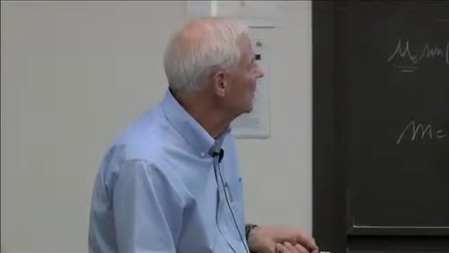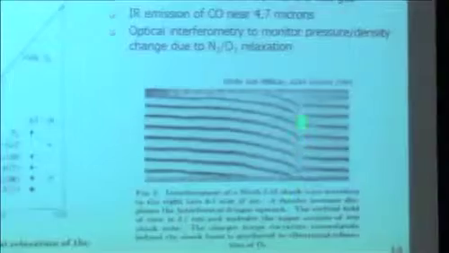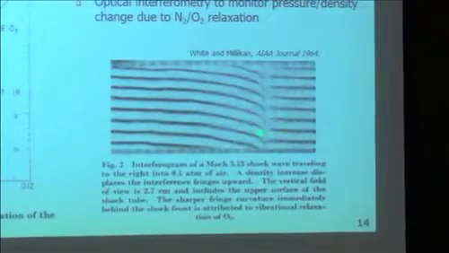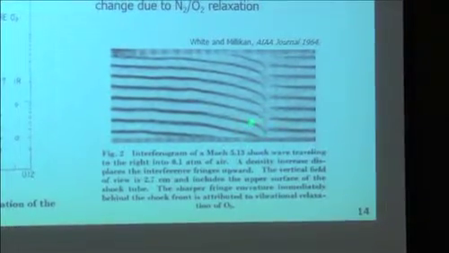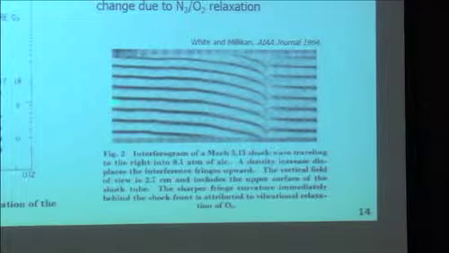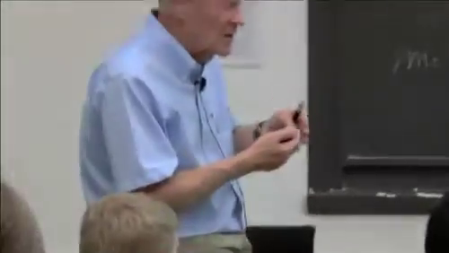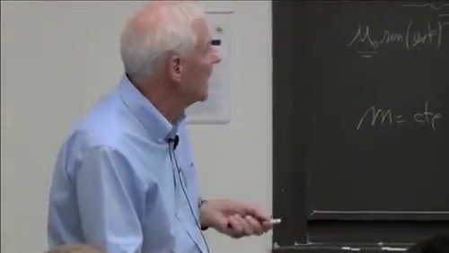Now this was at a time when they did not have lasers. So they used something called Mach-Zehnder interferometry, and here's the incident shock wave, and they measure fringes in interferometry. And this drifting, a change in the vertical direction of one of these fringes, corresponds to a change in density. And so you can measure the change of anything, density, temperature, you can infer tau.